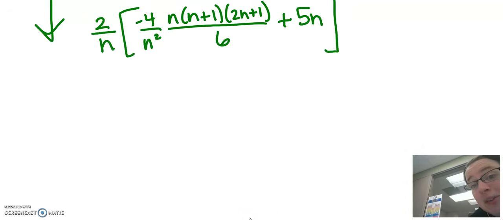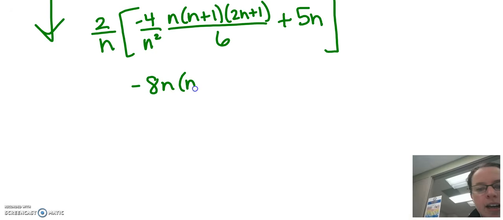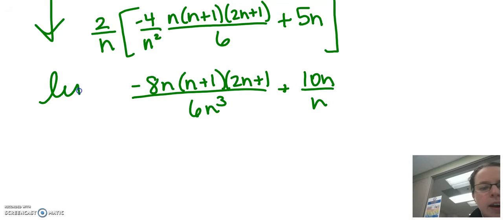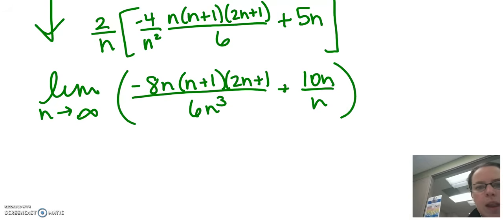Keep going. Make sure you can still see my face. I'm still here. I'm going to distribute this stuff in. So I'm going to get negative 8n times n plus 1 times 2n plus 1 over 6n cubed plus 10n over n. And I'm still taking the limit as n goes to infinity.